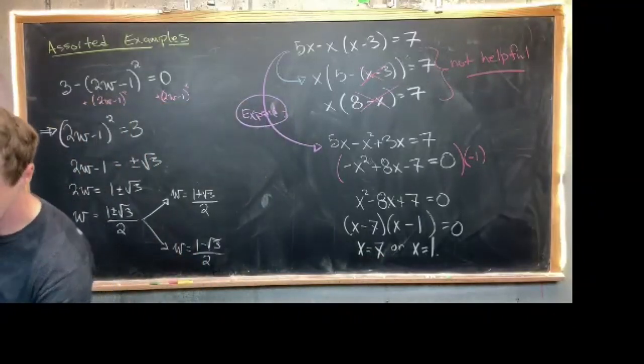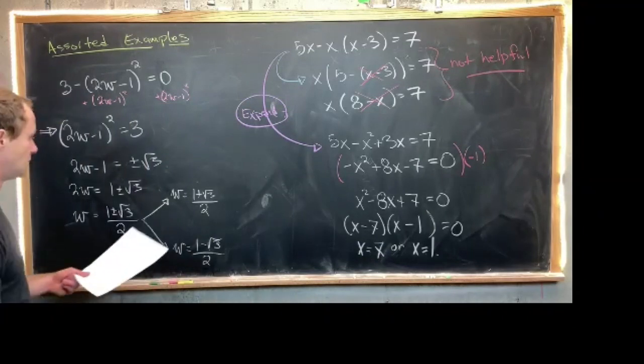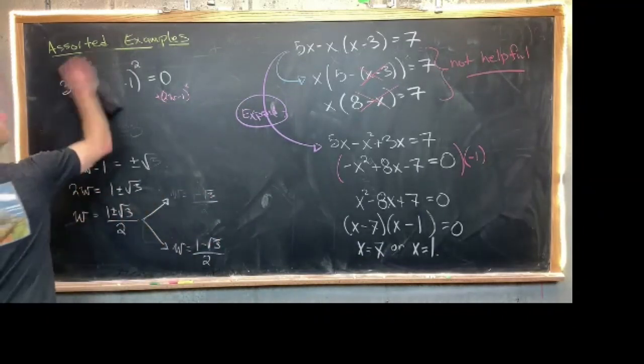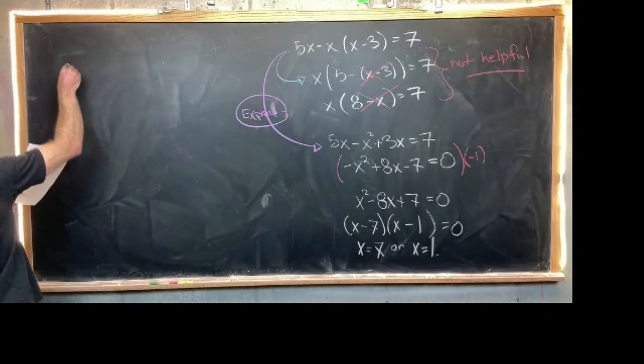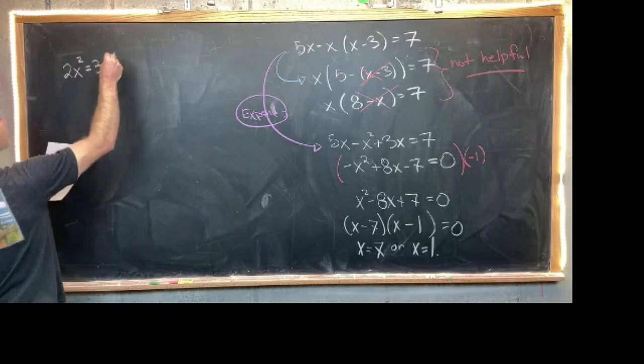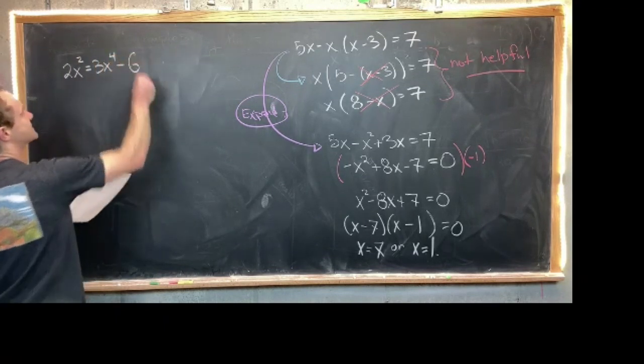Now let's look at one more. So let's look at 2x squared equals 3x to the 4th minus 6. Great.